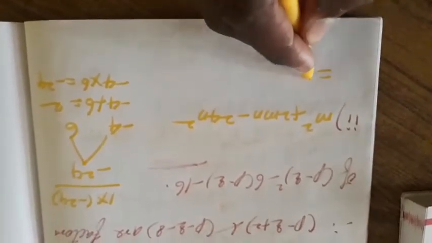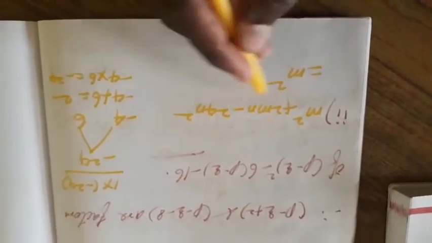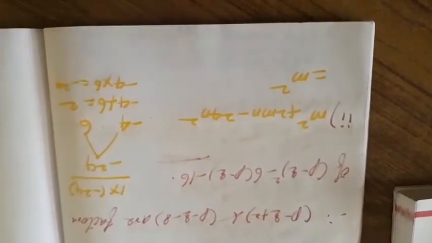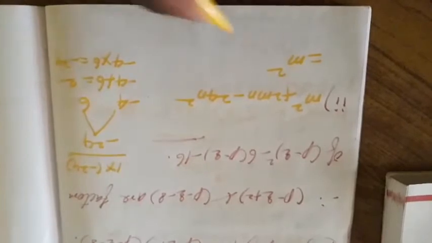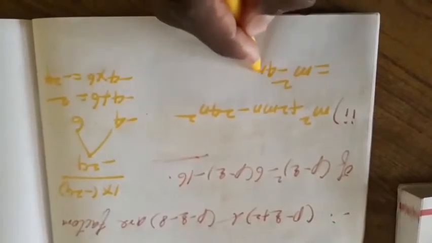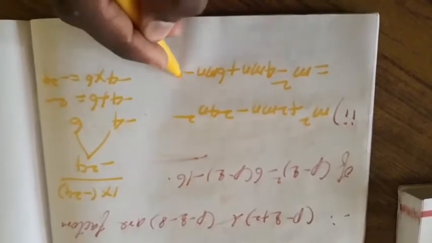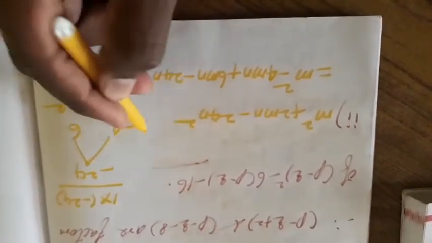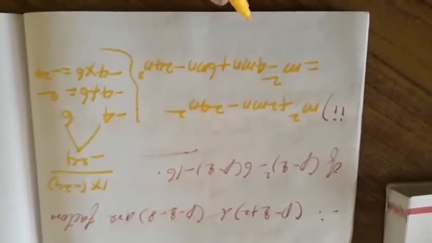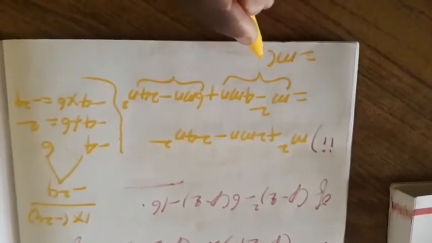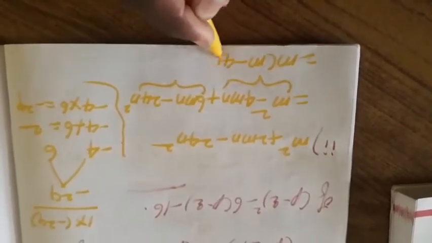Therefore we can write m square plus 2mn minus 24n square, splitting the 2mn using the factors minus 4 and plus 6: m square minus 4mn plus 6mn minus 24n square. Now group the first two terms and the last two terms. In the first two terms, m is common, take it outside, remaining m minus 4n.